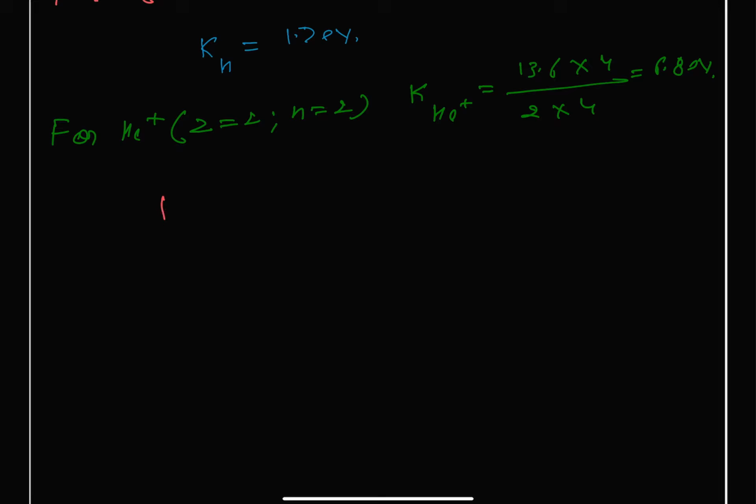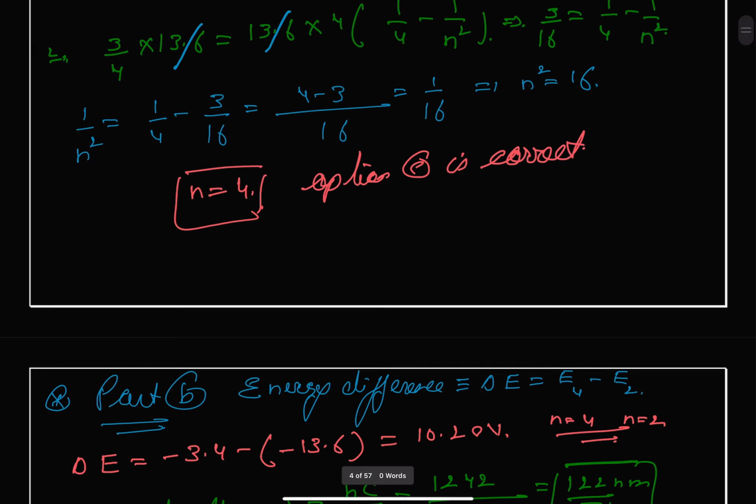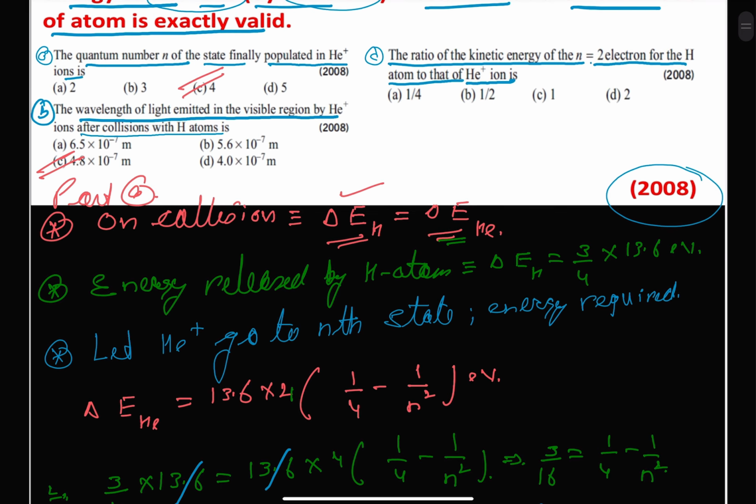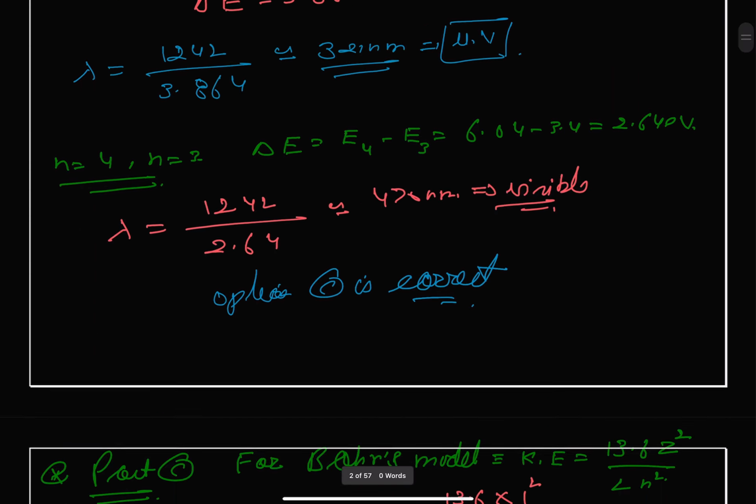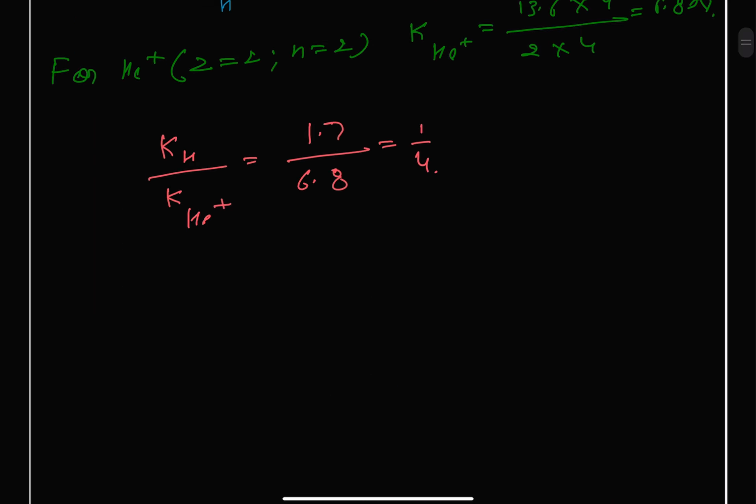Kinetic energy of hydrogen to kinetic energy of helium positive will be equal to 1.7 divided by 6.8, which comes as 1 by 4. And that was our requirement. Option A is correct. Next question.